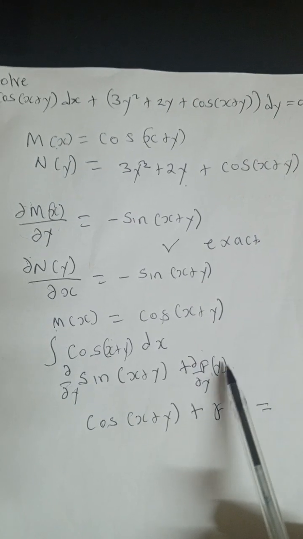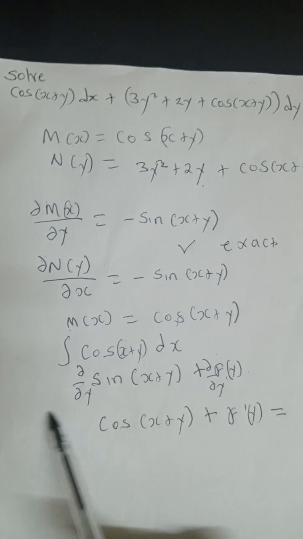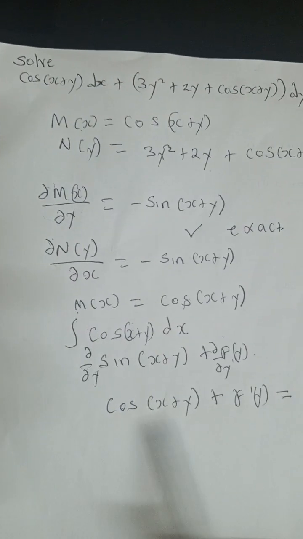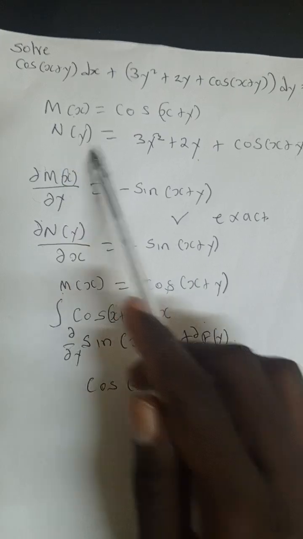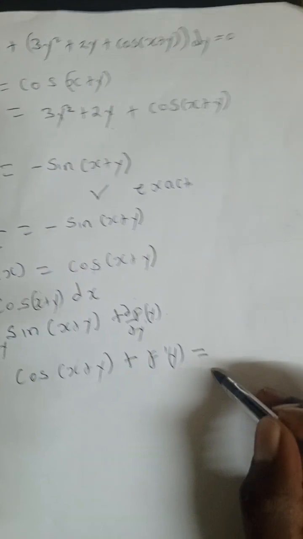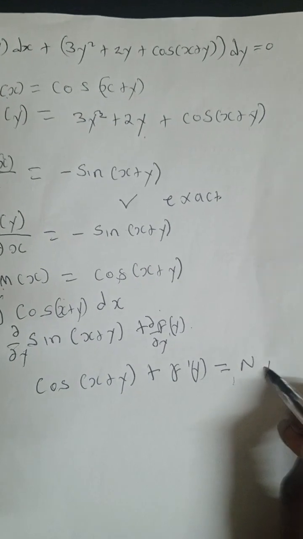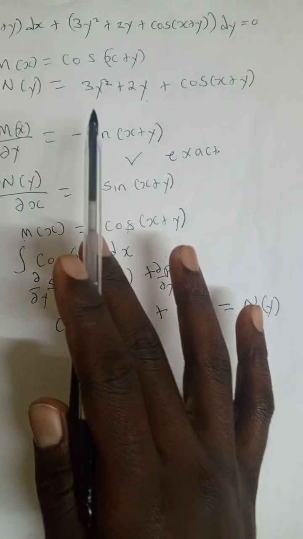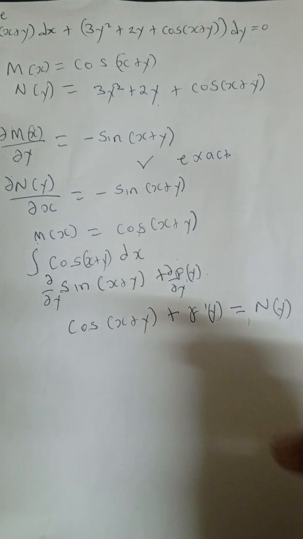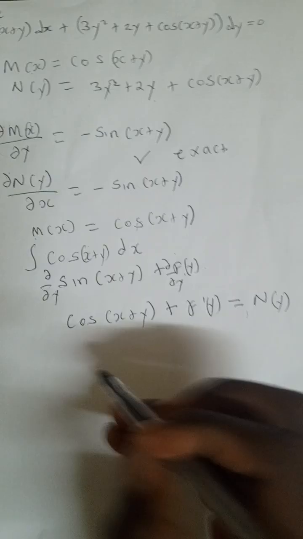Now, our answer which we have found after differentiating partially with respect to y, we are going to equate this whole thing to that function which we didn't pick at first, which was what? N(y). So this whole thing is equivalent to N(y). Now, let's rewrite it, substituting what N(y) is, which is 3y squared plus 2y plus cos(x + y).